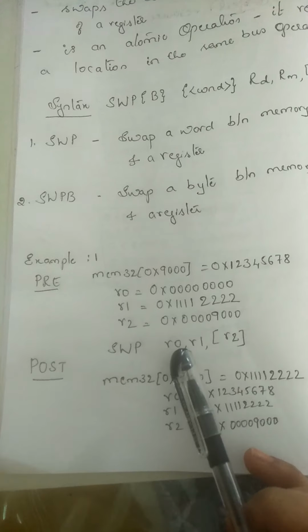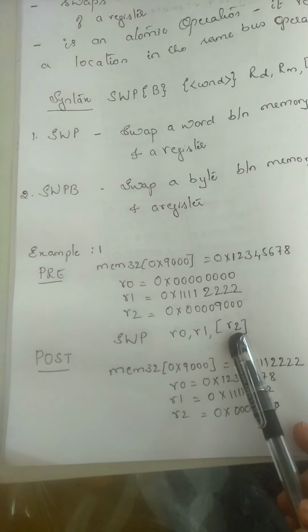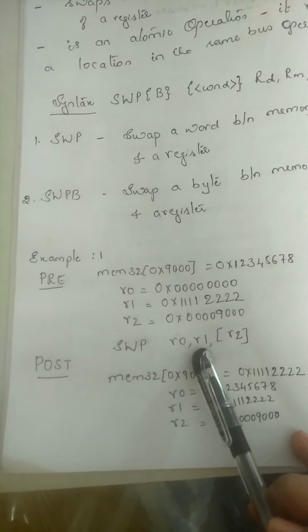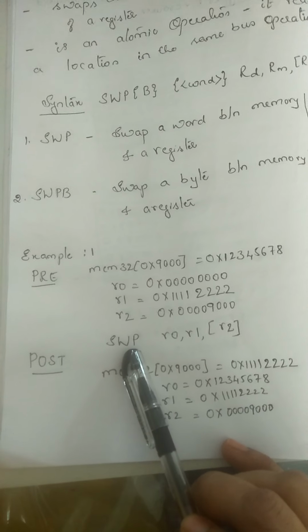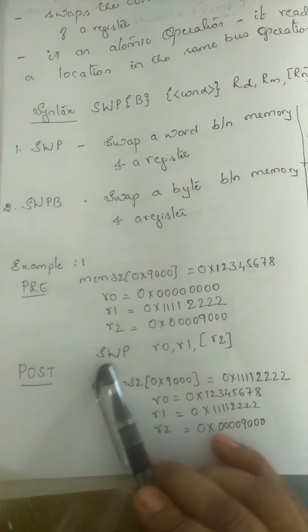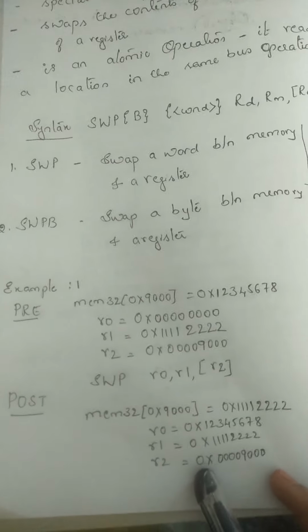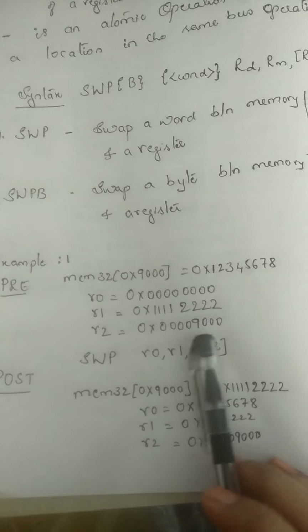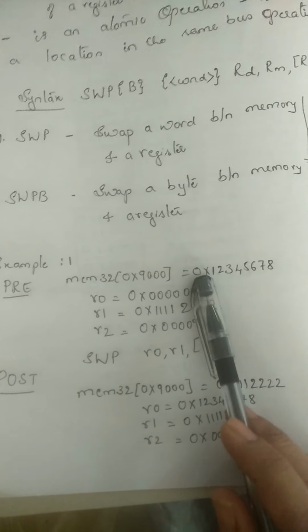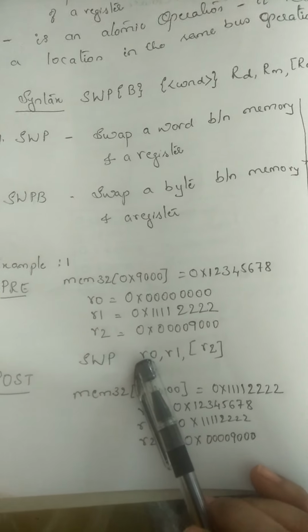So what happens, remember, the content pointed to by R2 will be moved to R0, and the content of R1 will move to the location pointed to by R2. Since here it is SWP, only 32 bits of data is moved. Postcondition is nothing but what happens after executing this instruction. Here you can see the location contains this data, and this data is moved to R0.